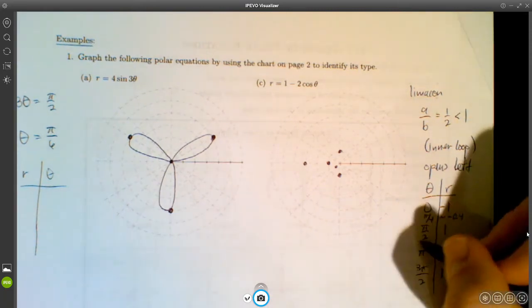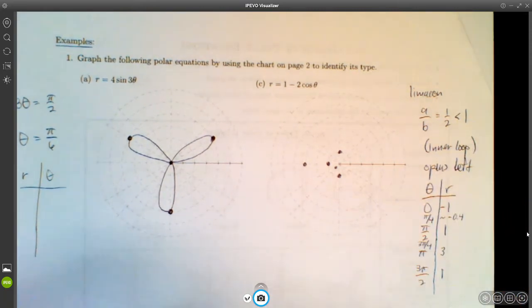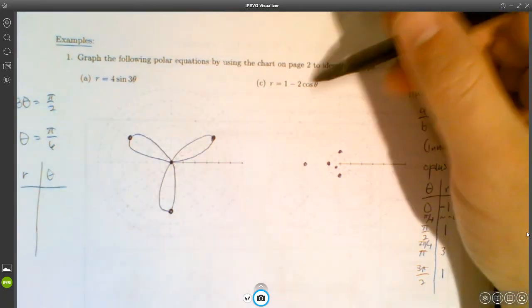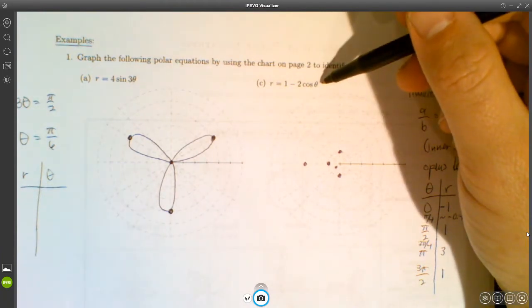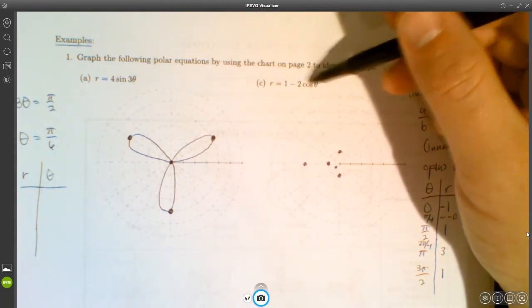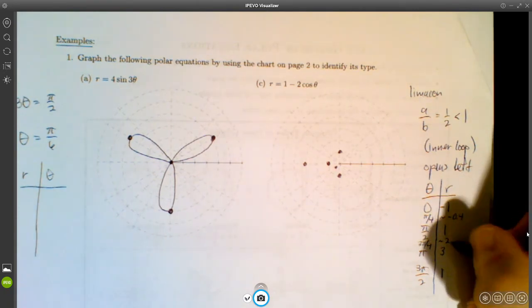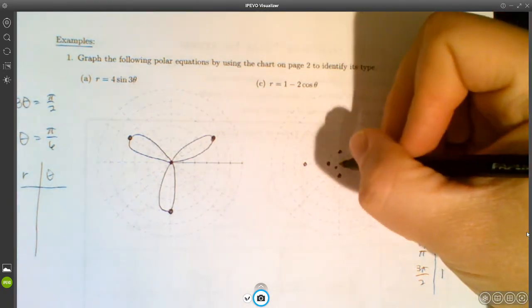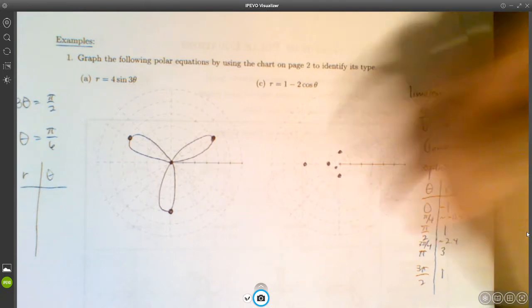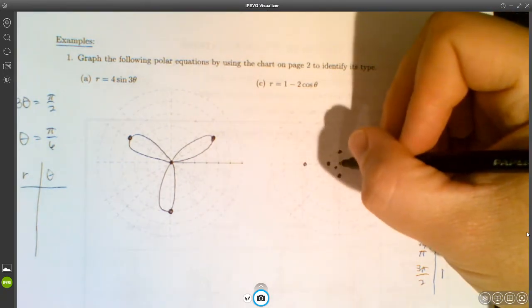3 pi over 4 might be another good one. So cosine of 3 pi over 4 is negative root 2 over 2. So this is going to be 1 plus root 2. That's like 2.4-ish. So 2.4 when I'm at 3 pi over 4.